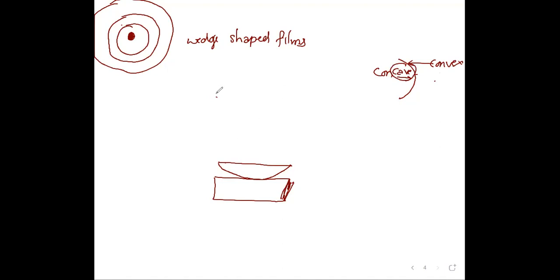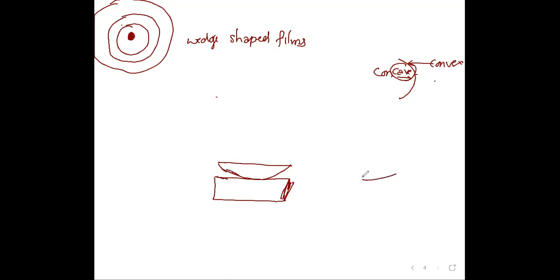When monochromatic light falls on this plano convex lens, when you place a plano convex lens on a thin glass plate, what happens?